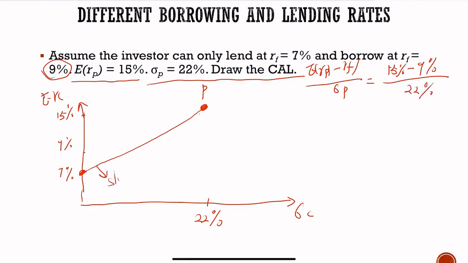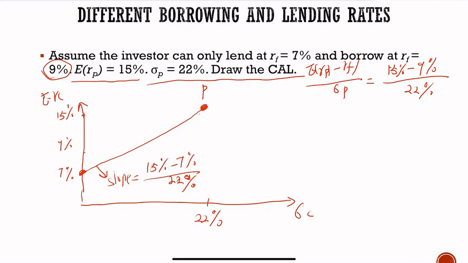And the slope on the left side is 15% minus 7% divided by 22%. So what you can see here is the difference, right? We have different interest rates.